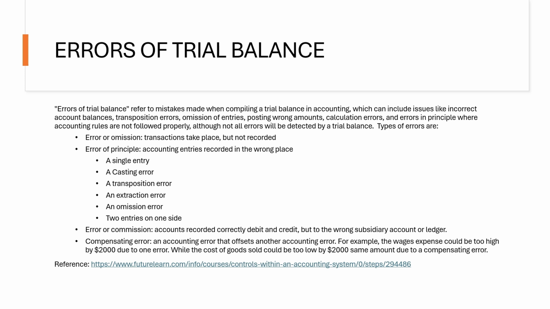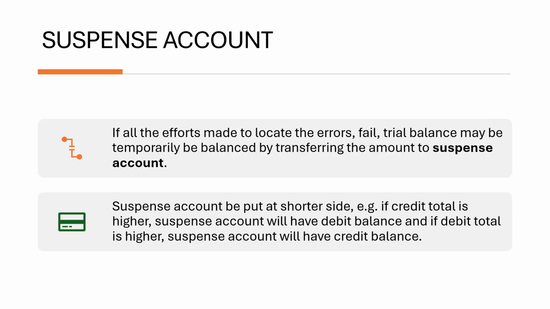For example, the wage expense could be too high by 2,000 due to one error, while the cost of goods sold could be too low by 2,000, exactly the same amount, due to a compensating error. And then it can be quite difficult to spot after finishing the trial balance. The concept of a suspense account.